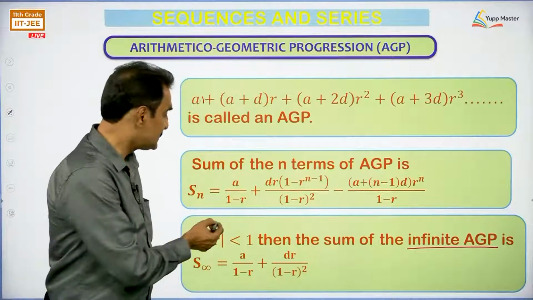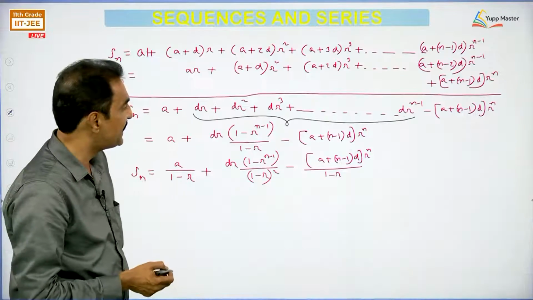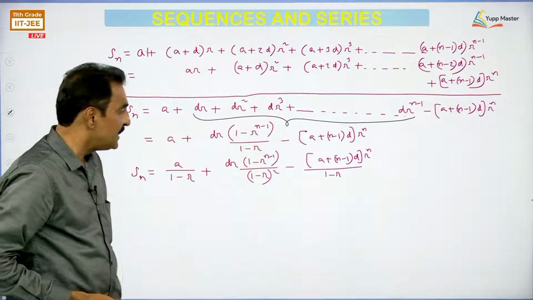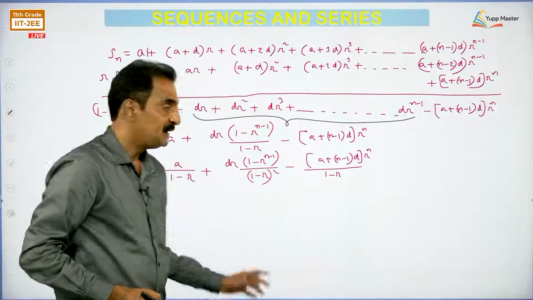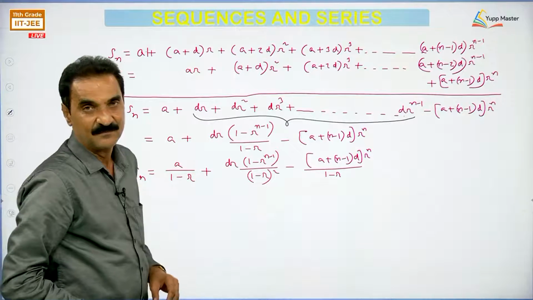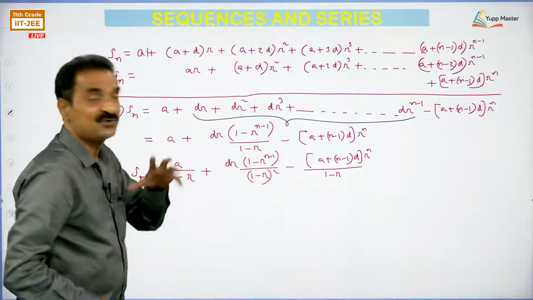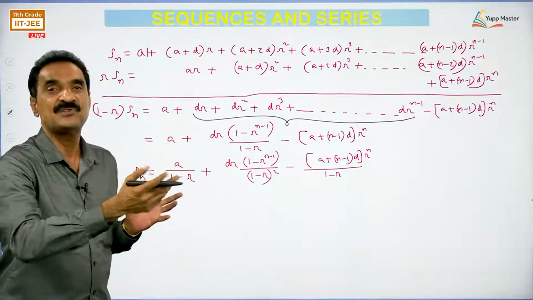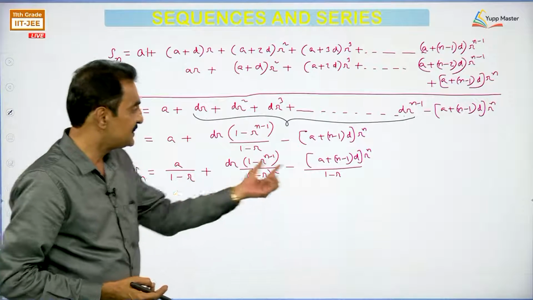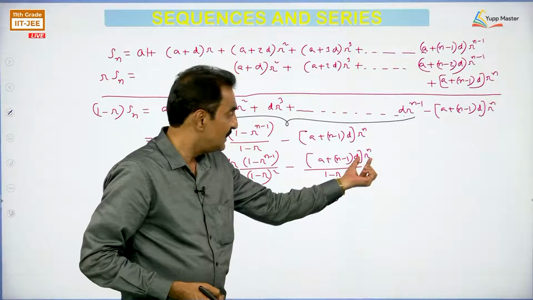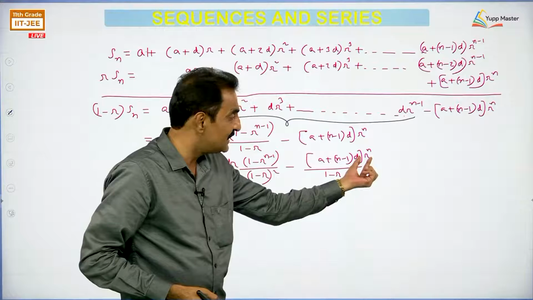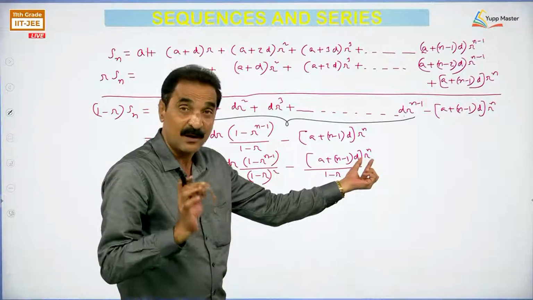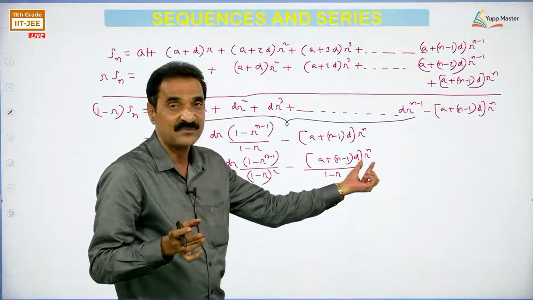Now, let us derive this formula from the obtained formula. Here, if mod r is less than 1 and n tends to infinity, when the number of terms is infinity, then we have to take n approaching infinity. First, let us take the last term. Mod r less than 1 means r lies between minus 1 and plus 1.